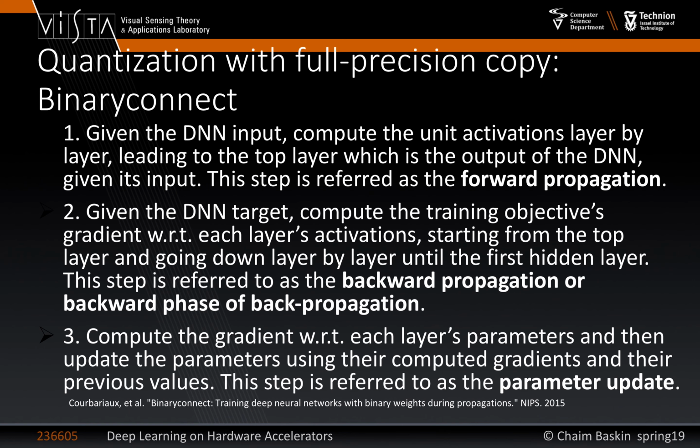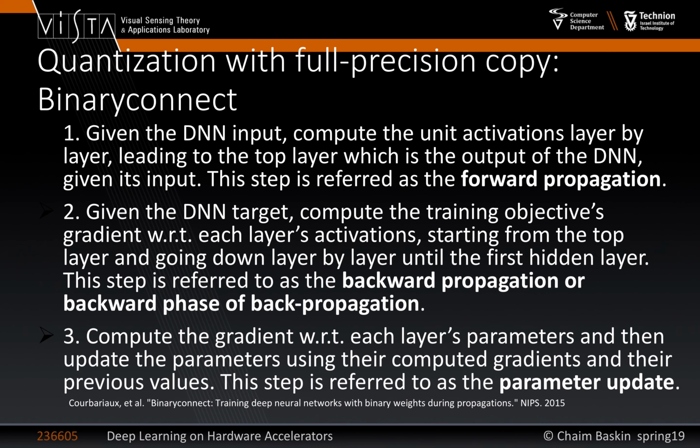But of course, it's less expensive because you are only updating the full precision weights once per epoch. So most of the computation is done using binary parameters, and once per epoch you are updating your full precision weights. Guys, questions?